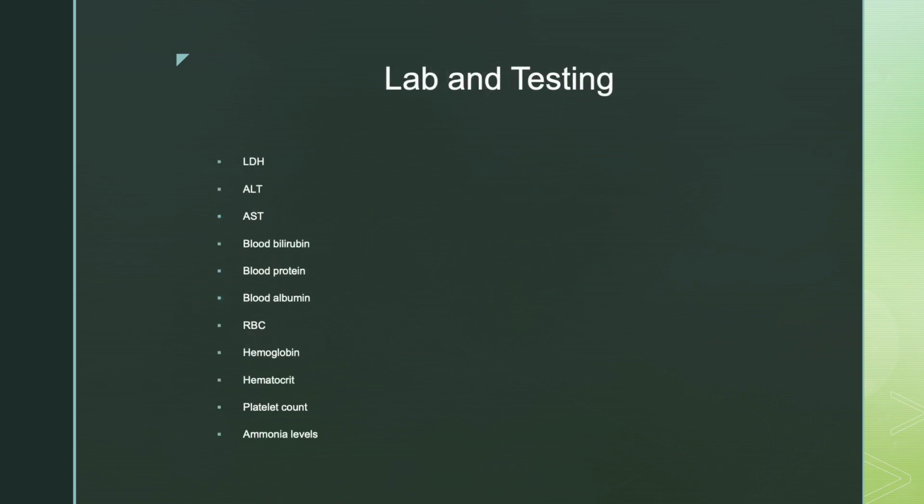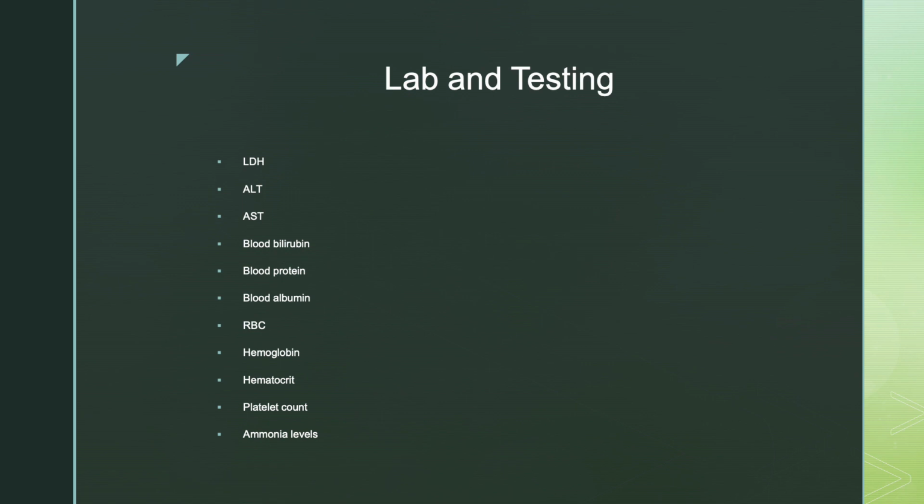Okay, so some labs and testing that will be done will be your LDH, your ALT, AST, which are going to be elevated due to hepatic inflammation. We'll also do the blood bilirubin, which would be elevated due to cirrhosis and the inability of the liver to excrete the bilirubin.